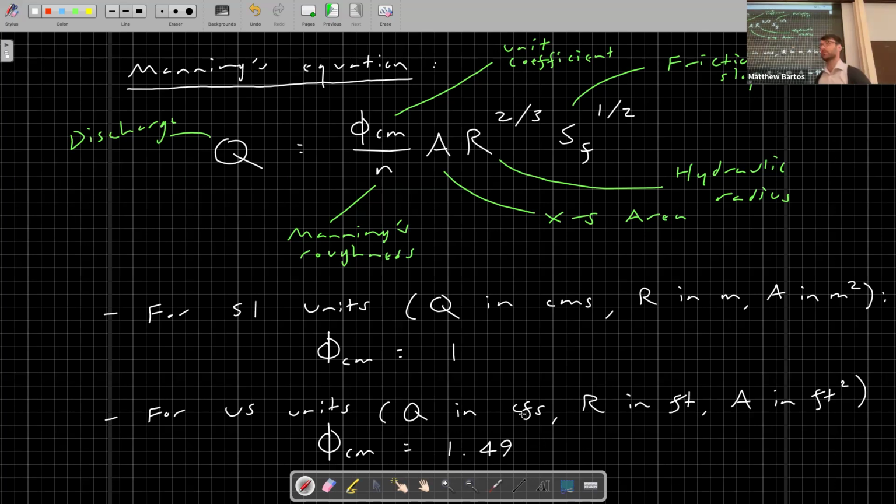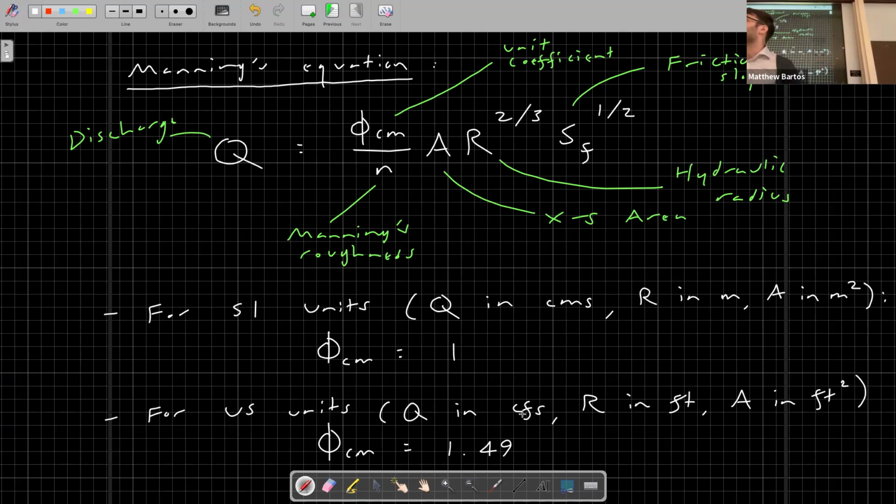And again, this has some units associated with it, but they don't really make any sense and they're not important. So note that your independent variables in the equation need to have these units. Oh, by the way, CMS means cubic meters per second. I got a few questions about that. It's not centimeters, it's cubic meters per second.